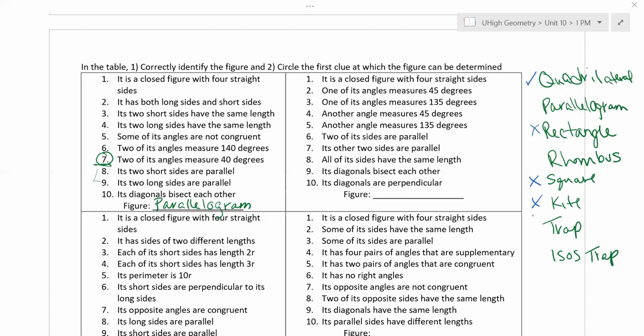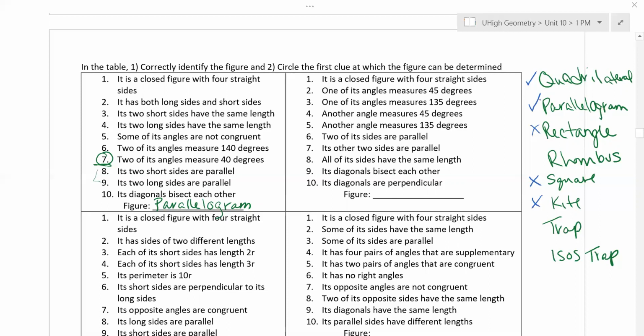Number 6 says 2 of its sides are parallel. And number 7 says its other 2 sides are parallel. So now I have 2 sets of parallel sides. So that means I do have a parallelogram.